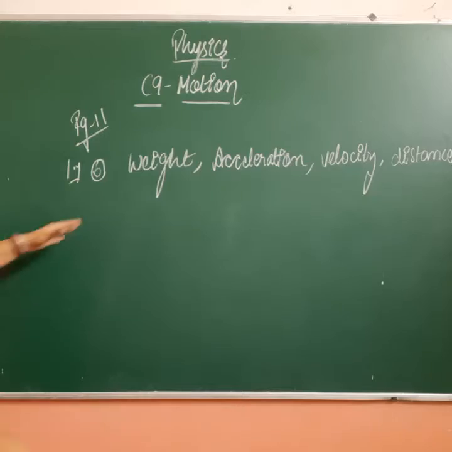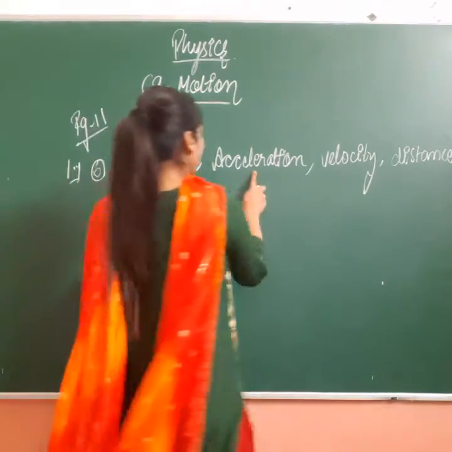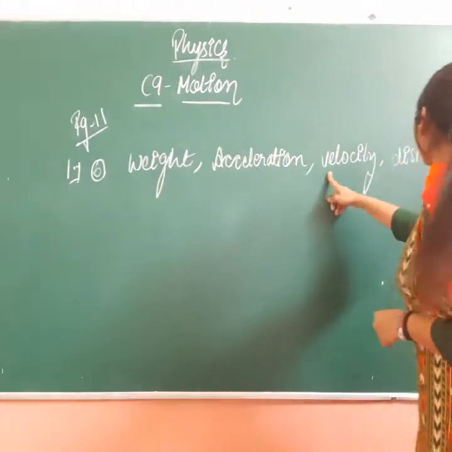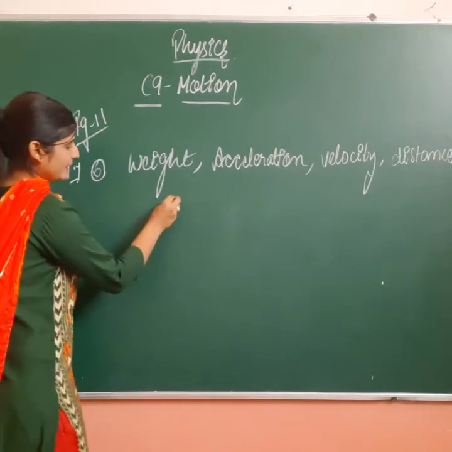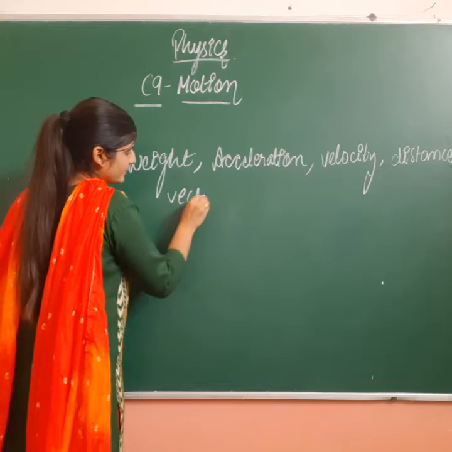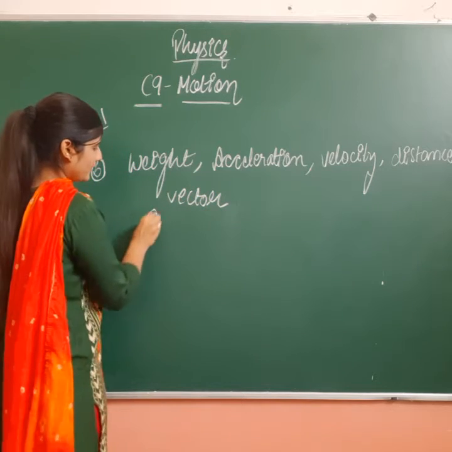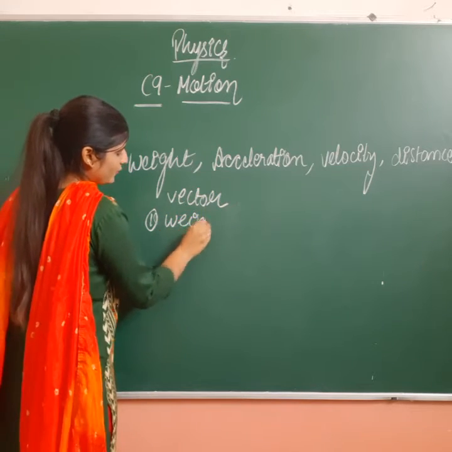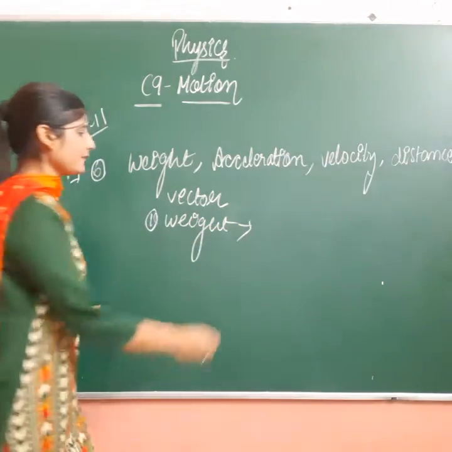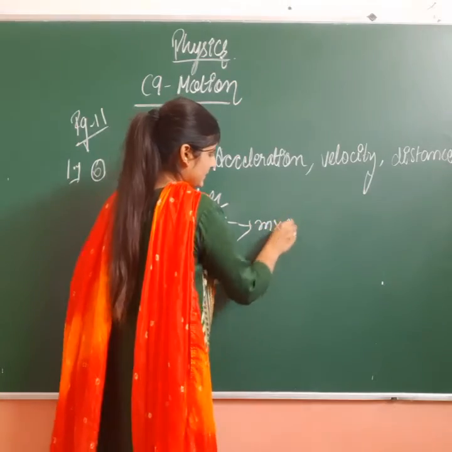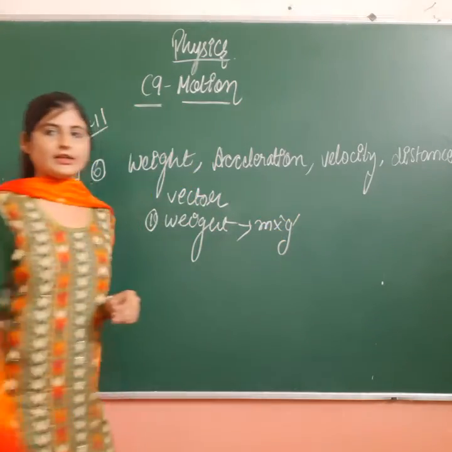So now we have the next part, that is weight, acceleration, velocity and distance. Out of these quantities, all are vector quantities. Like weight is also a vector quantity. Why? Because weight has g, acceleration due to gravity, as a vector quantity.